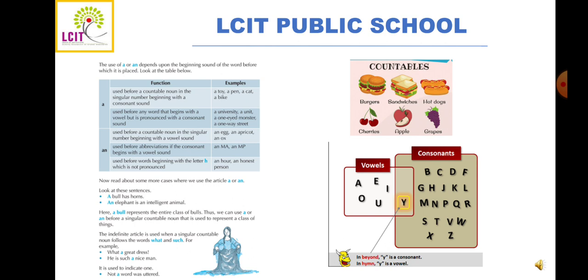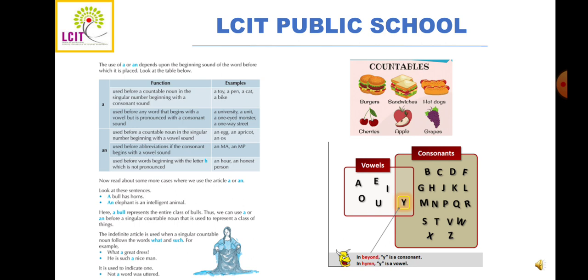If you know the difference between vowel and consonant sounds, you will be very clear what this function is saying. Here it is written a university, a unit. Why a? U is supposed to be a vowel, and in front of a vowel we have always learned that an is used. Then why is a used here? Because it is definitely a vowel letter, but the sound it produces is not the sound of a vowel, it is the sound of a consonant. That is the reason why a is being used here.